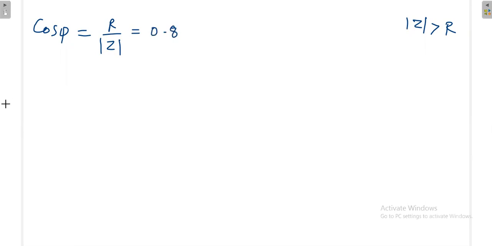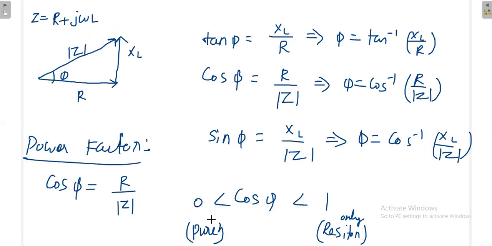What is the meaning? If the answer is 0.8, how much real power is there? How much reactive power is there? Anybody? Because once you are at 0, all is reactive power, and once you are at 1, all is real power.